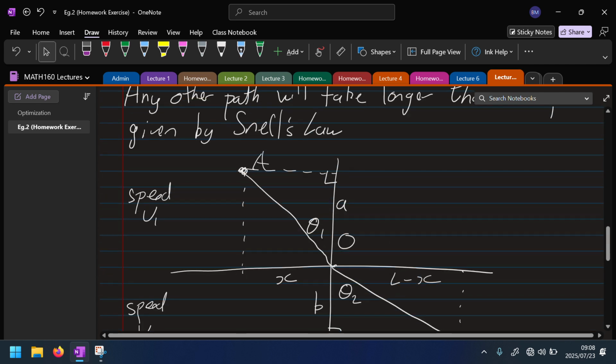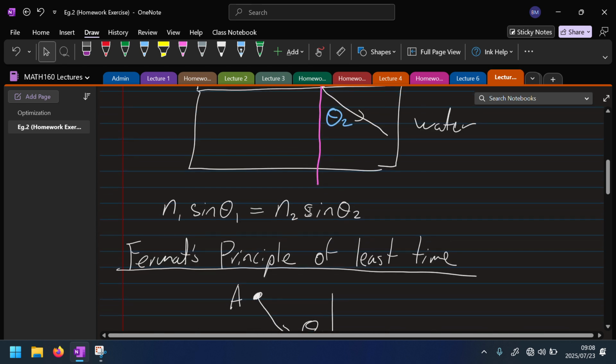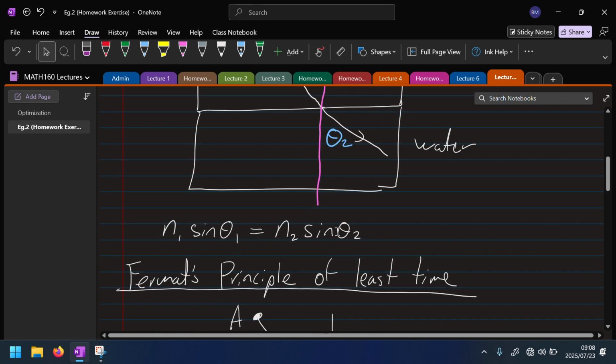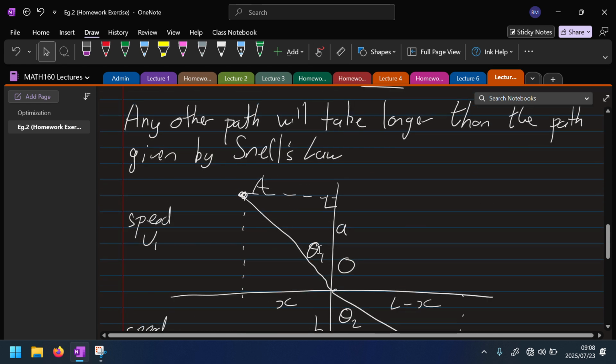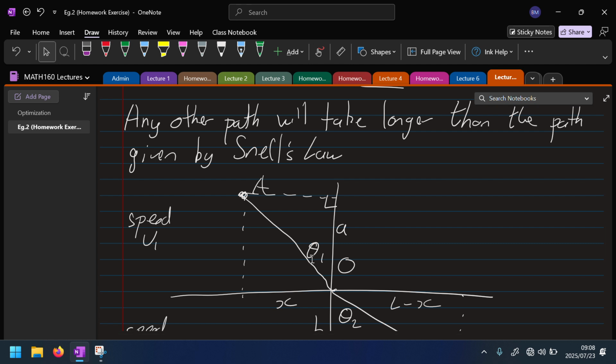Okay, so if we go back to here, we're going to look at this triangle inside here. Remember what Snell's law was saying? We have the sine theta 1 and sine theta 2. So how do we get those? Here, sine theta 1, what is that going to be in terms of this triangle? We want sine of theta 1. What's that going to be? That's SOH CAH TOA, all of that.